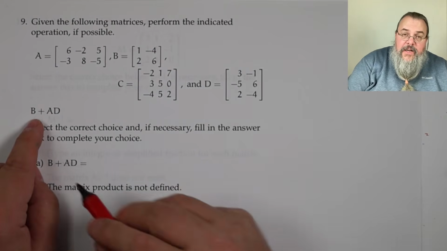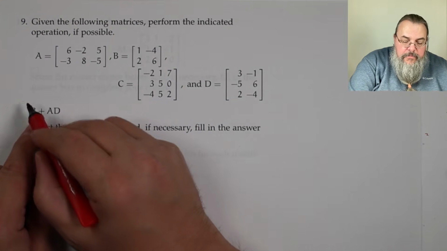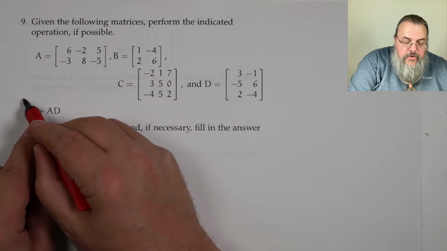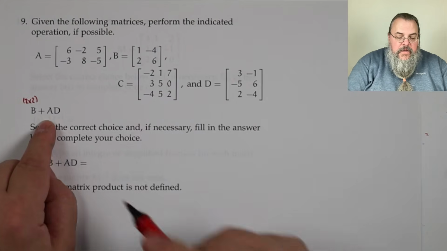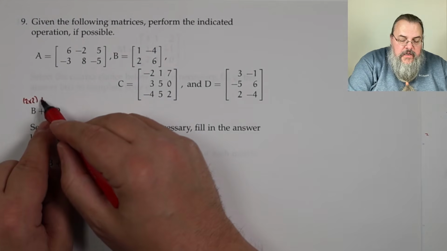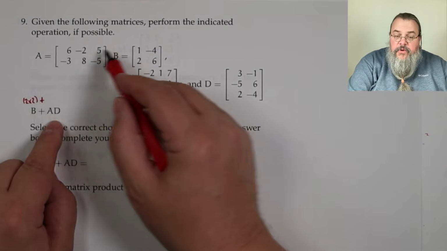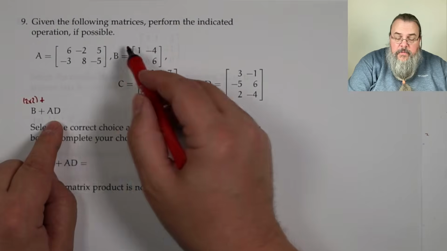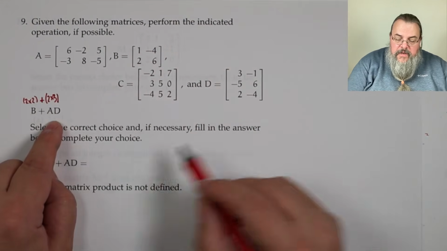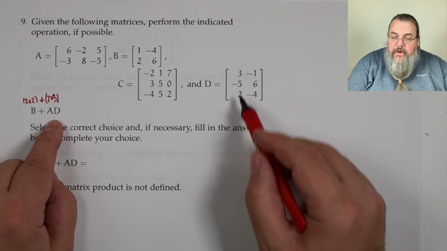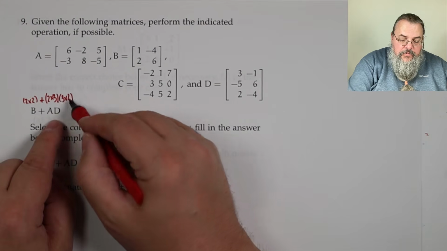Well, let's talk about sizes. So I'm going to work over here. B is a 2 by 2. And then we have A, which is 2 by 3, right? Number of rows, number of columns. And then we have D, which is 3 by 2.